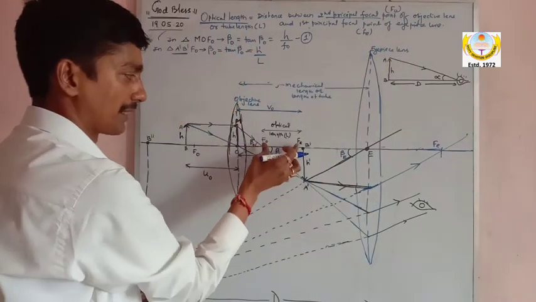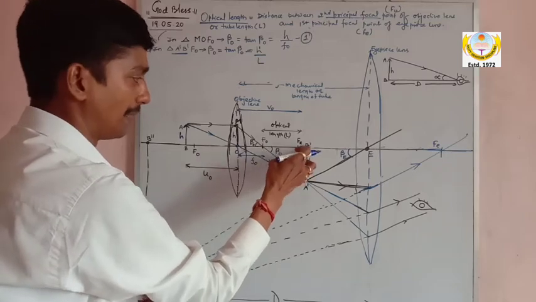Second principal focus of the objective and first principal focus of the eyepiece, whereas the image is at B dash.